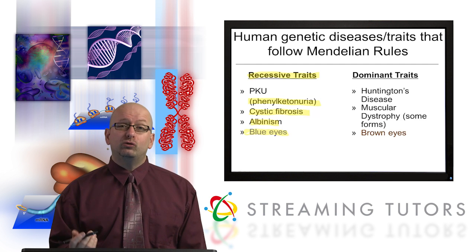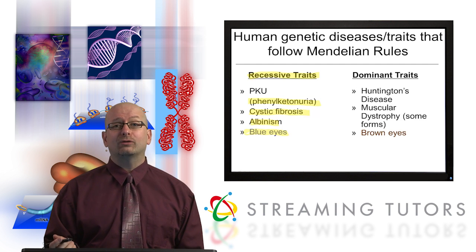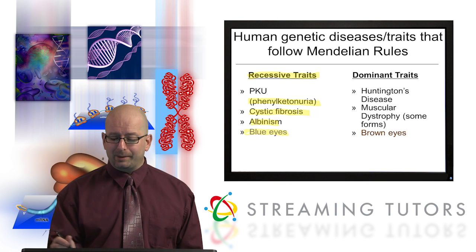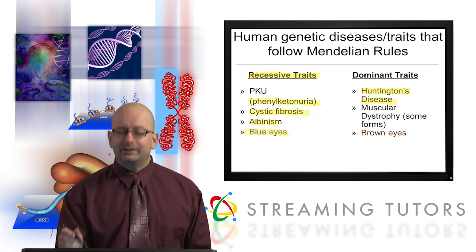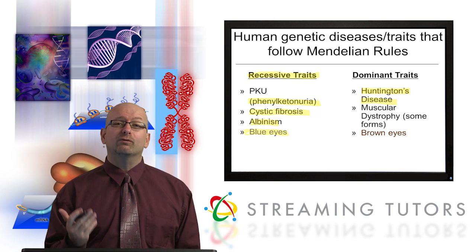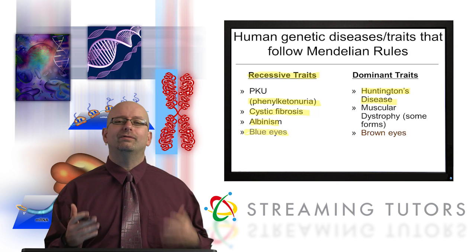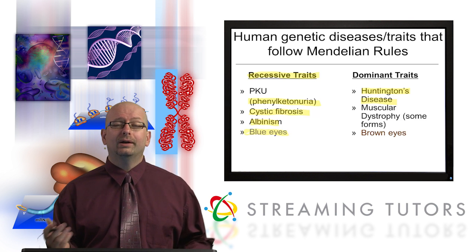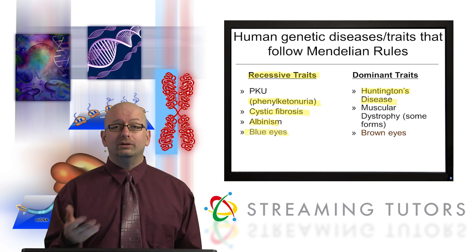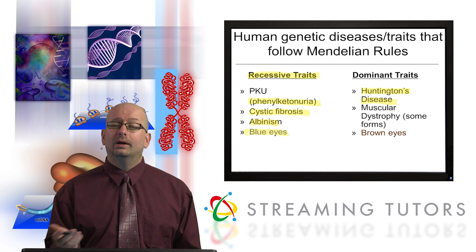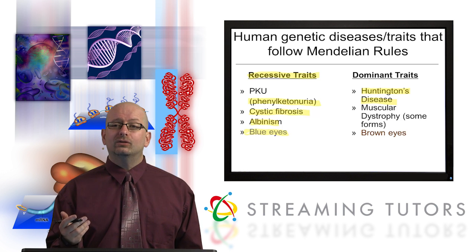Dominant traits. Most genetic diseases, you guys, are in fact recessive, and there's a reason why, but there are some that are dominant. Huntington's disease is one that unfortunately is, and when I say fairly common, I mean they're all rare, but it wouldn't be crazy to know people who have this. I do.